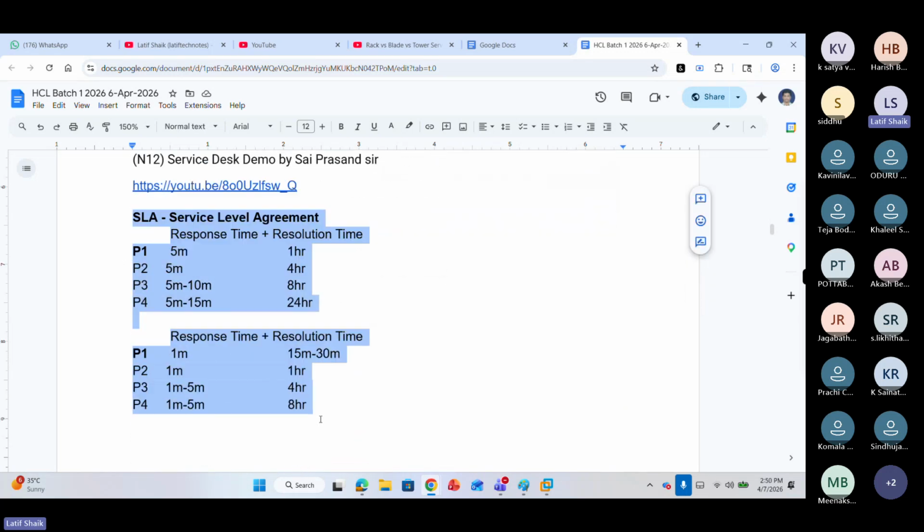Response and resolution time. When a ticket comes, based on its priority, there is a response time and a resolution time. When a ticket comes, first you have to respond to the ticket. Then you have to resolve the ticket, fulfill the user requirement or resolve the issue.